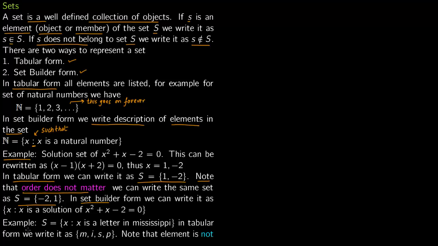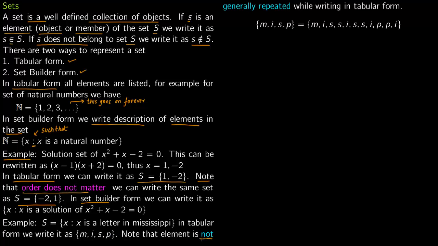Another example. We are given a set builder form: S equals x such that x is a letter in Mississippi. In tabular form, you just write it as {M, I, S, P}. Note that the elements are not generally repeated in tabular form. You could have written all the letters in Mississippi, but we generally avoid repetition.